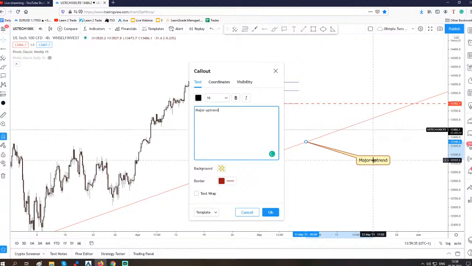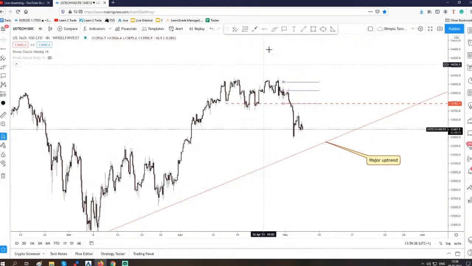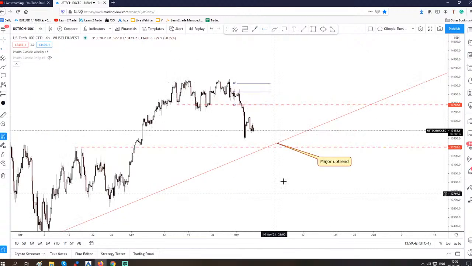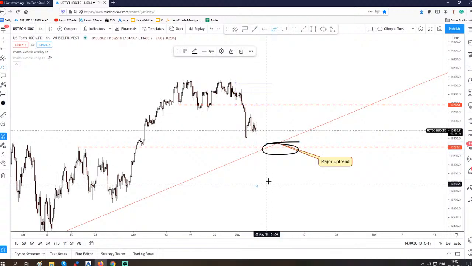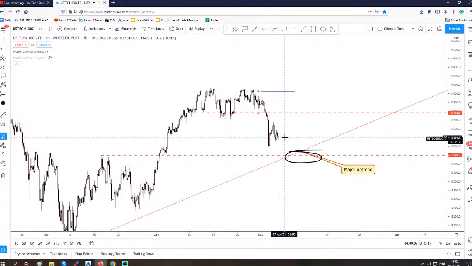trend. Okay, and personally I believe that if the price will approach and reach maybe this confluence area at the intersection between 13,298 and the uptrend line, maybe a false breakdown here, rejections, false breakdowns could bring us a new upside momentum, a new leg higher, a new buying opportunity, maybe a new swing higher here on this asset.